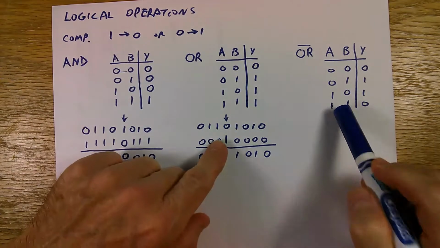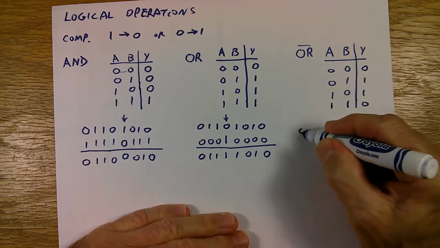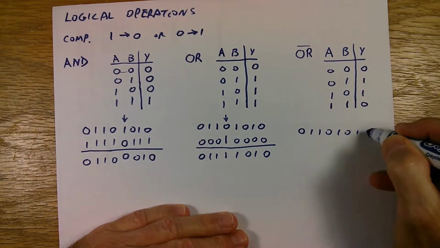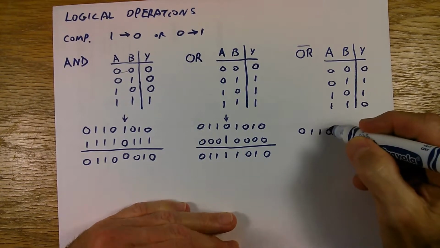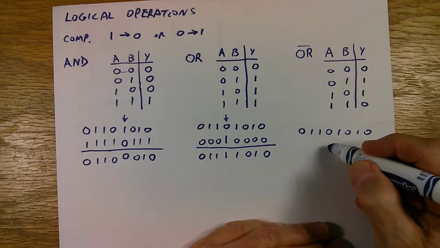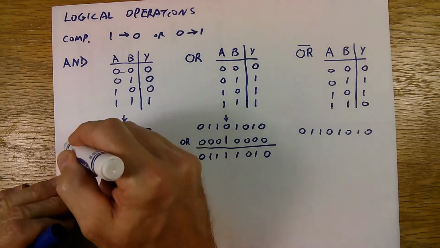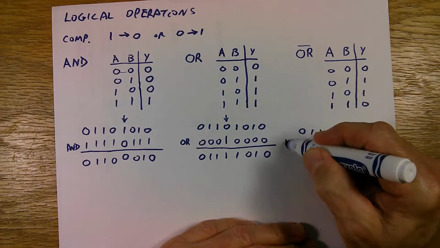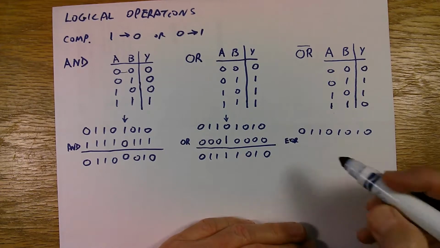So if I wanted to simply toggle one of these bits, I'll go back to my same number: 1, 1, 0, 1, 0, 1, 0. And I wanted to change the state of this bit here. I just exclusive OR it. I think XOR is what you can call it.